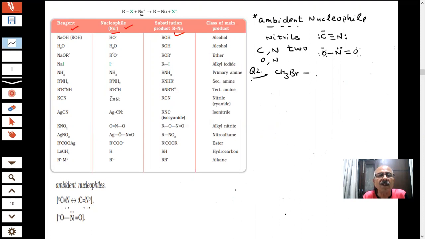CH3Br reacts with KNO2. The product is CH3-O-N double bond O. This is called methyl nitrite.